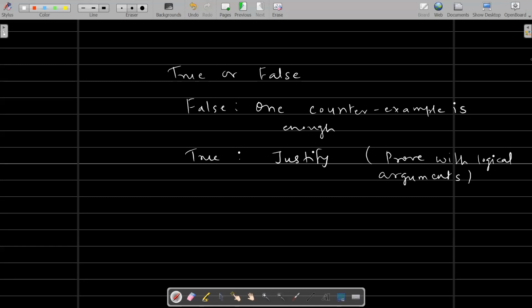Okay. So I'll write the statement, and in the chat box you can write down the answer only to me, whether it's true or false. Don't disclose the answer. Don't write it to everyone. And be ready with some counter example or some kind of proof if it's true.